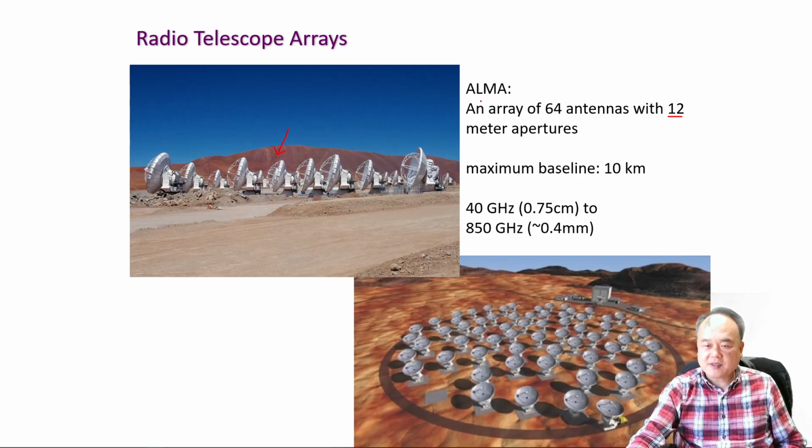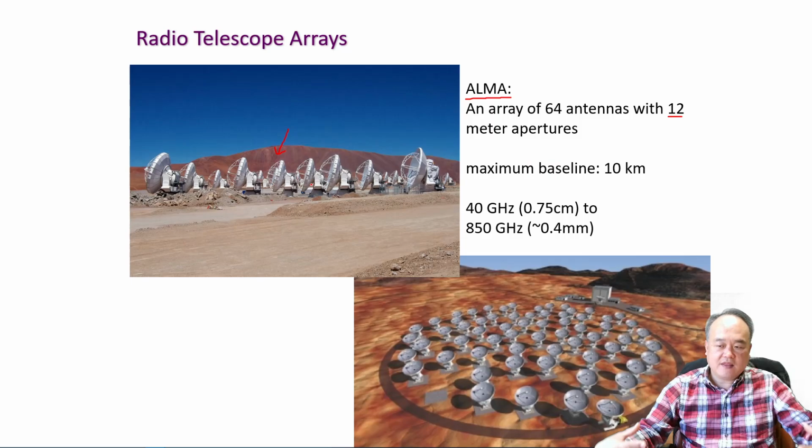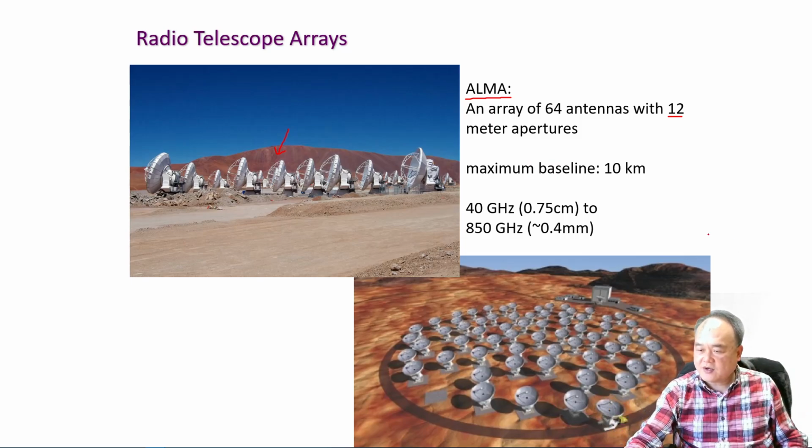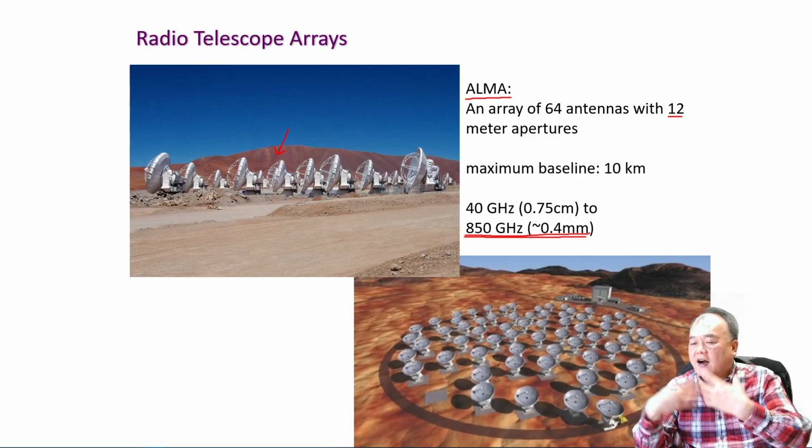This array is known as ALMA. ALMA's 64 antennas can achieve a maximum baseline of 10 kilometers, and it operates at a rather higher frequency domain.